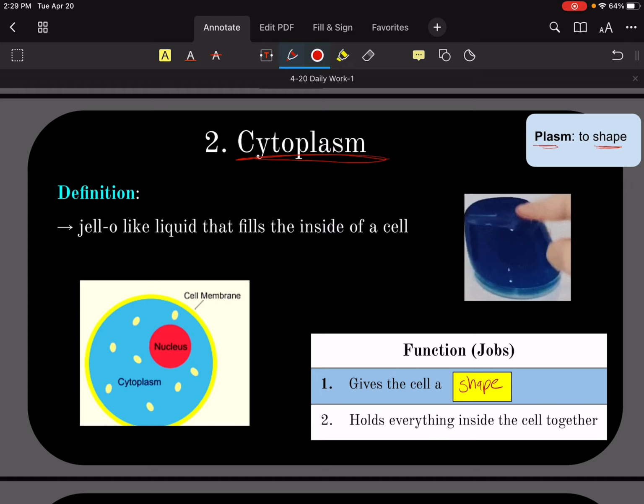So we have our organelles in our picture, and everything around the organelles that holds them tight, like a little blanket for them, is called the cytoplasm. So it first gives the cell shape, and secondly, it holds everything in place inside of the cell. So it prevents the organelles from bumping into each other and sliding all over the place.